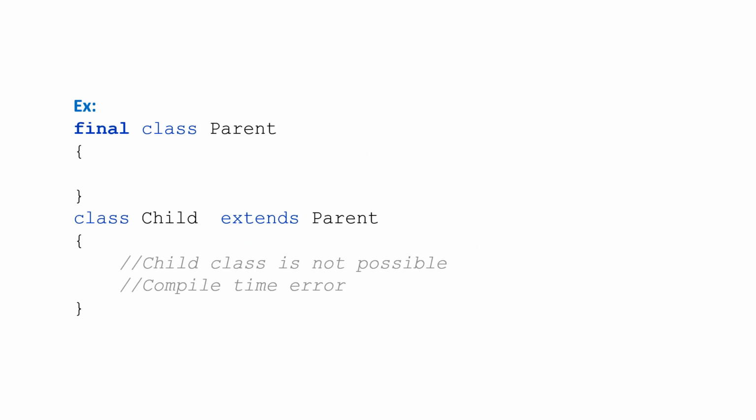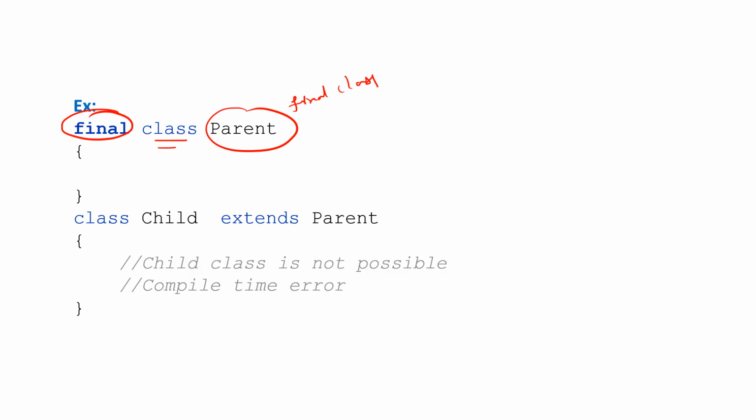If any class is declared with final, we cannot inherit that class anymore, meaning we cannot create any child class. Suppose I have a child class and here I am extending Parent, trying to create a child class for the Parent, but it is not possible. At compile time it will give an error, so a child class is not possible here and it will generate a compilation error.